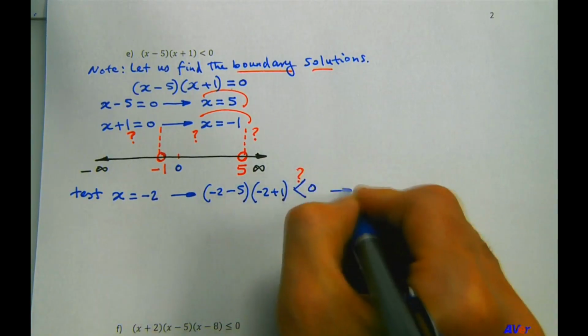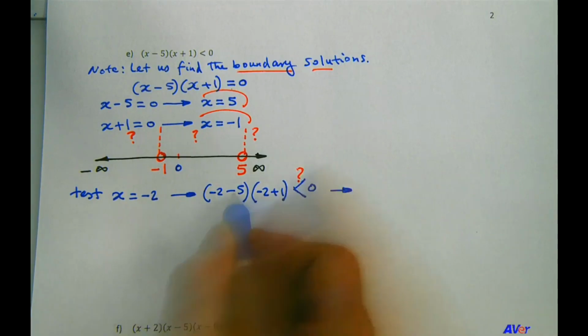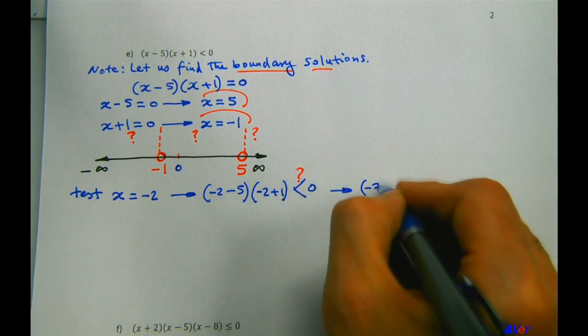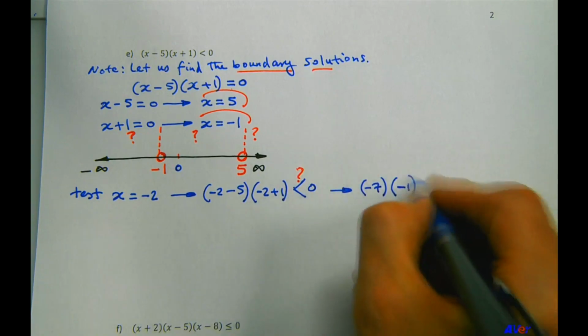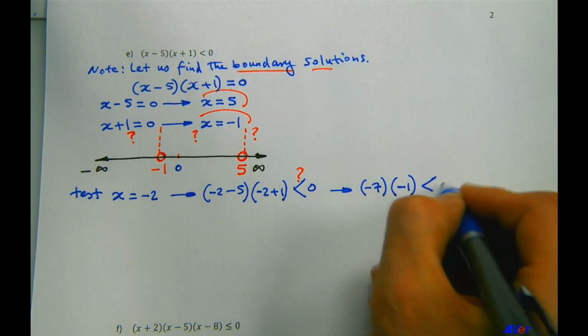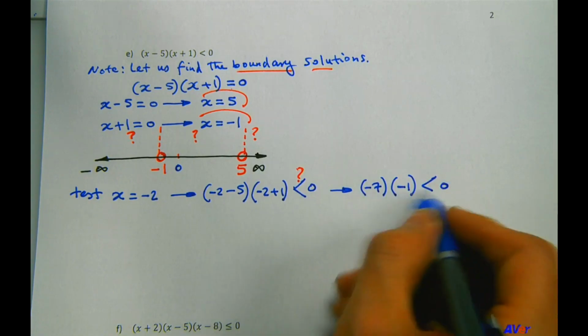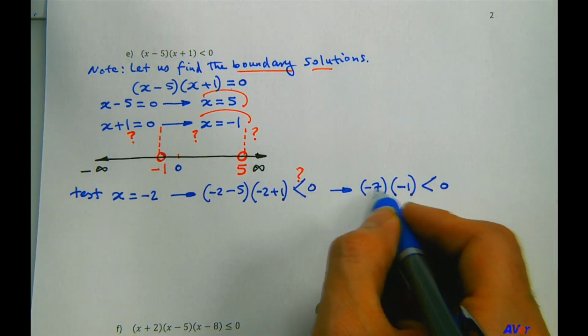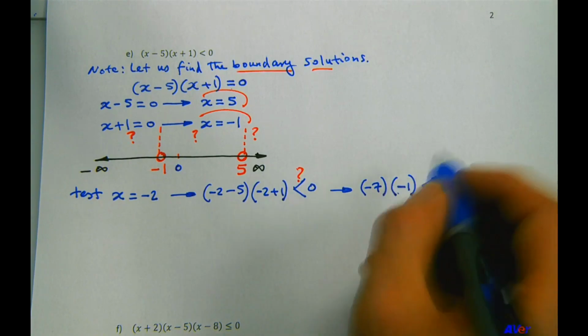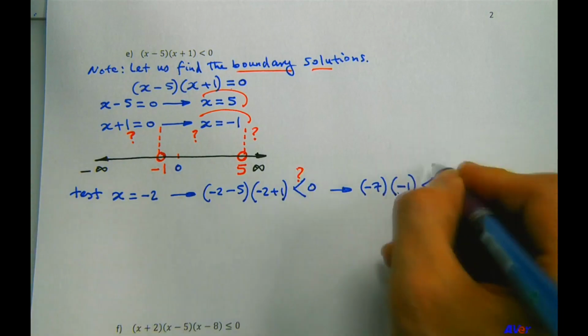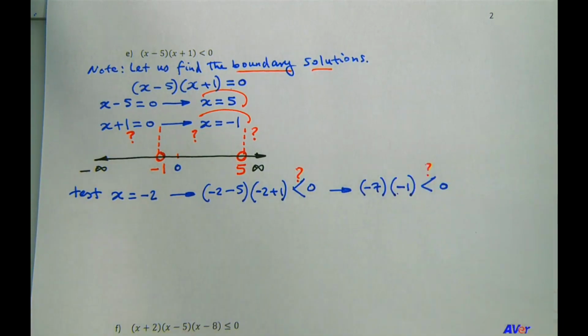Well, let's see. -2 minus 5, that's -7. -2 plus 1 is -1. Is -7 times -1 a negative number? No, it is a positive number. So this question mark now has been answered.